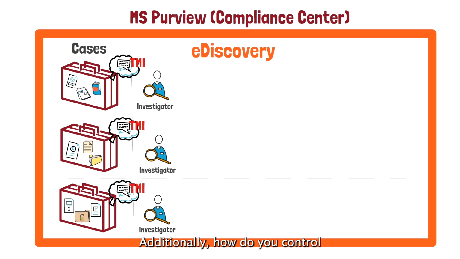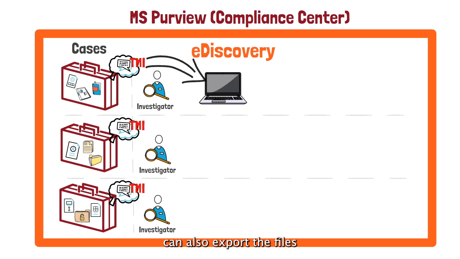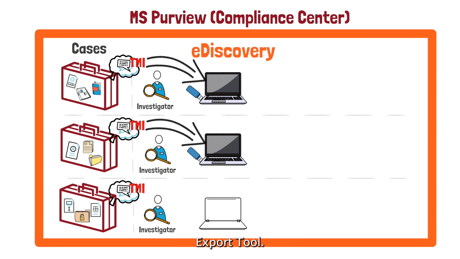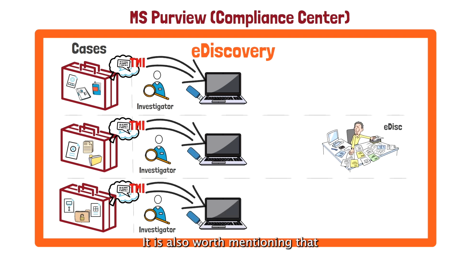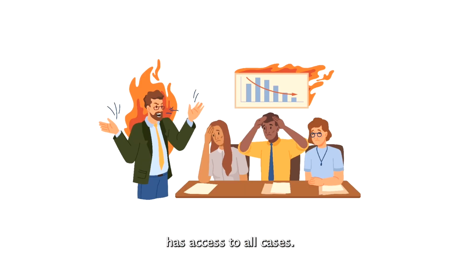Additionally, how do you control which investigator is assigned to which search without confusion? Assuring that the right investigator has access to sensitive information is crucial. These investigators can also export the files to their computers using the eDiscovery Export tool. It is also worth mentioning that eDiscovery Manager has access to all cases.